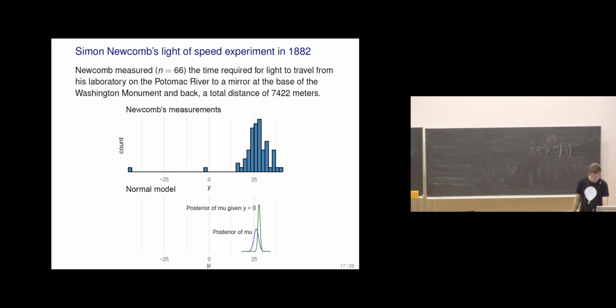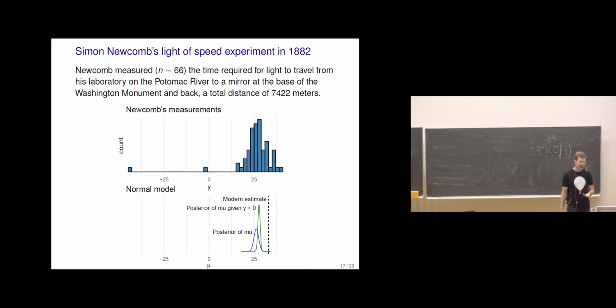And as a reminder, when we make posterior inference, it can be only as good as the data. In this case, if we compare to the modern estimate, it seems that the modern estimate is quite unlikely given the normal model and Newcomb's measurements.